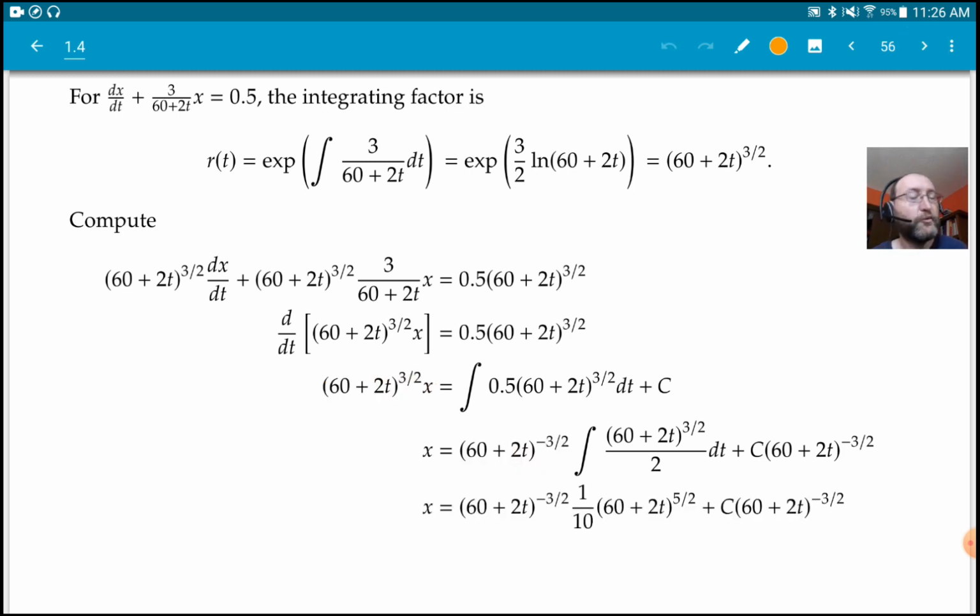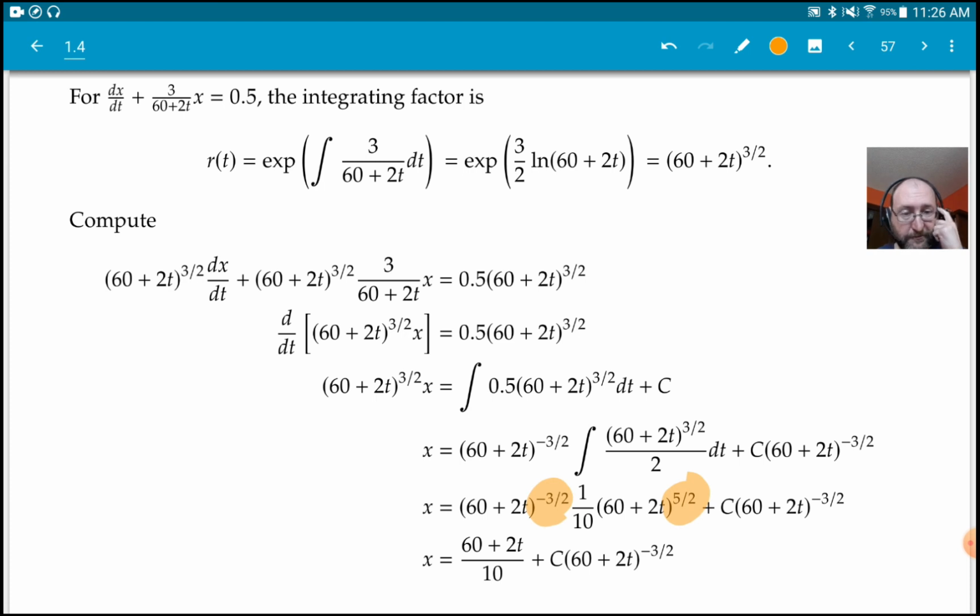And we can compute this; it's just a little bit of calculus. If you compute this integral, you get this over here, the antiderivative. And we simplify a little bit this -3/2.